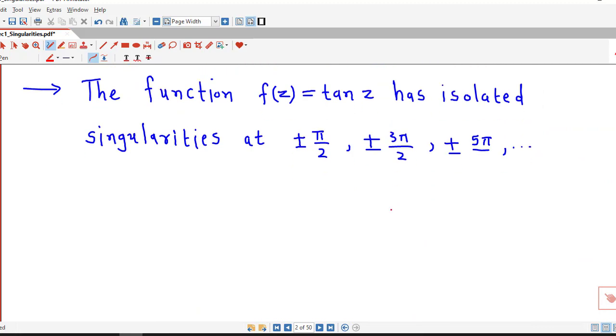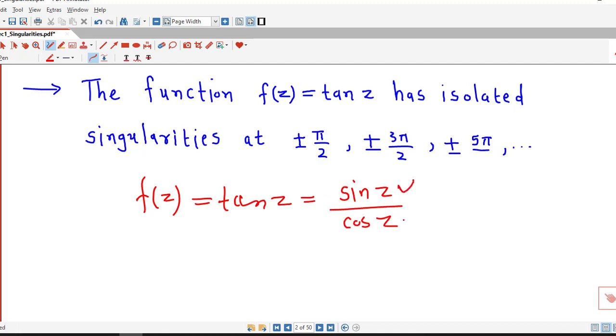Similarly, we can talk about the function f of z equal to tan z. This we can rewrite as sin z over cos z. So these two are entire functions, analytic everywhere.